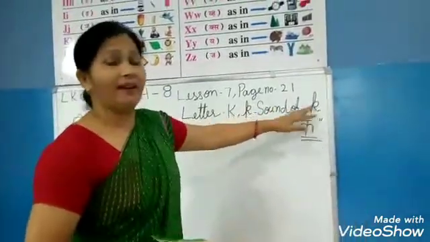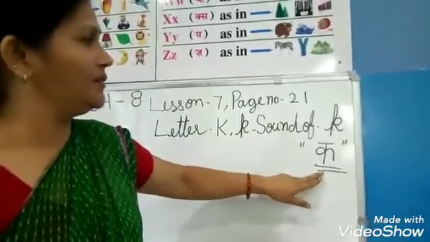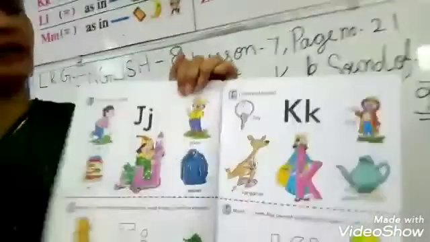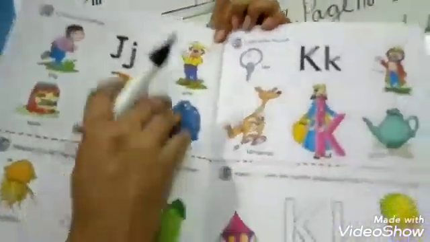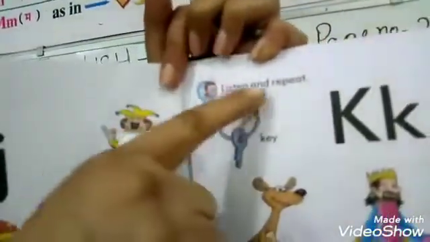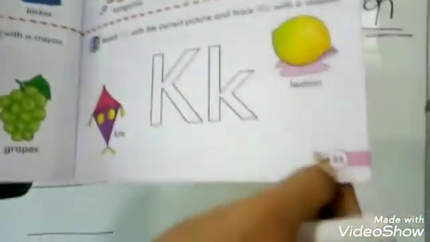Sound of K, K. Okay children, look at the book. Our concept, listen and repeat. Okay children, page number 21.